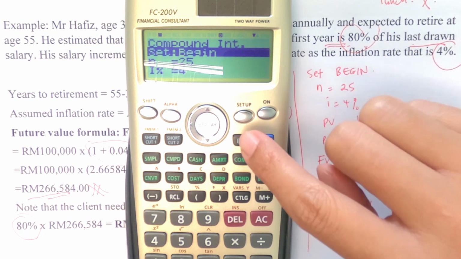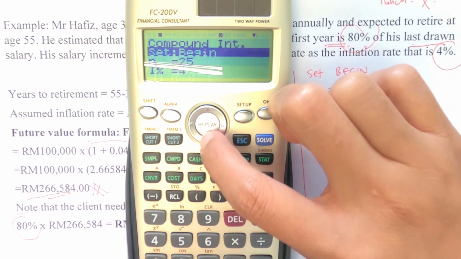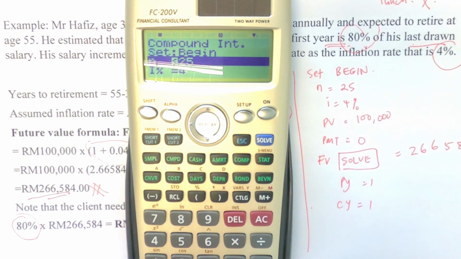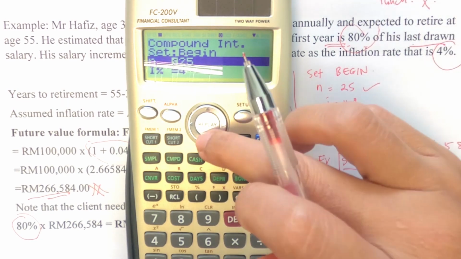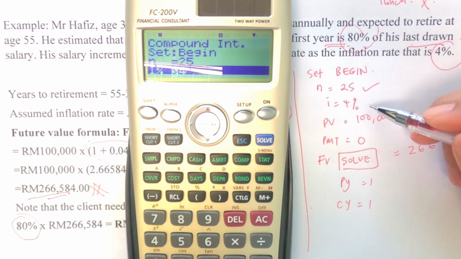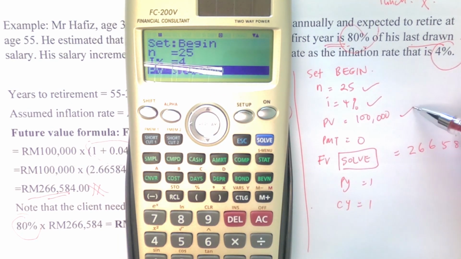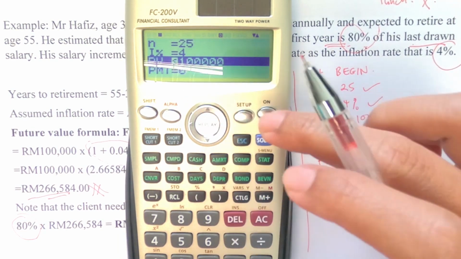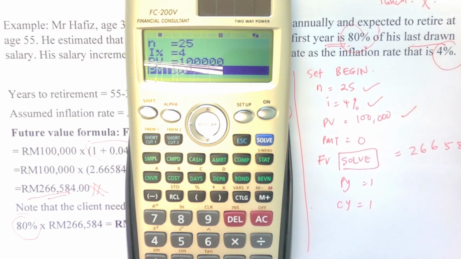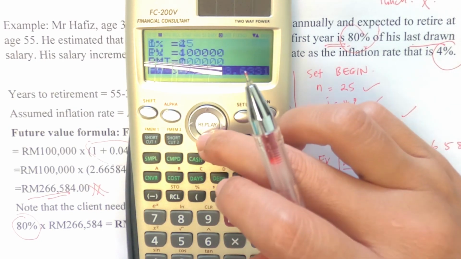So set begin, N is 25, I is 4, the PV is 100,000, and the PMT is 0.